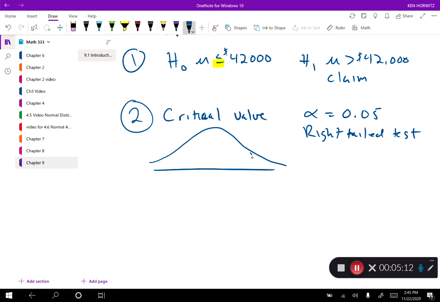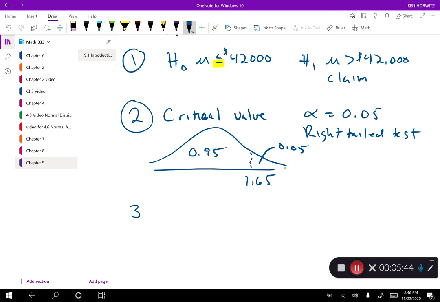Right tail is over here, there's 0.05, and this is 0.95. So I want you to go to your Z table and find that value. Pause the video, go there, and we'll talk about it on the other side. All right. So the value you should have gotten was 1.65.